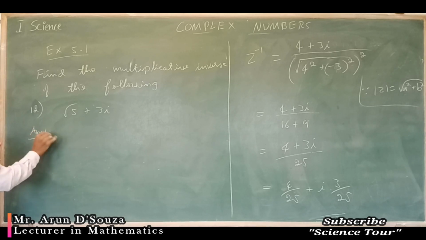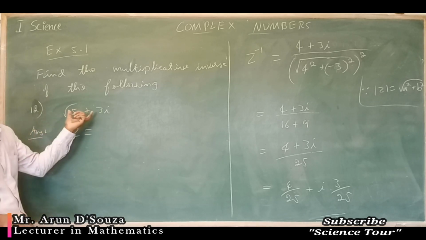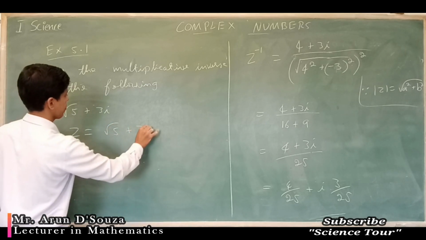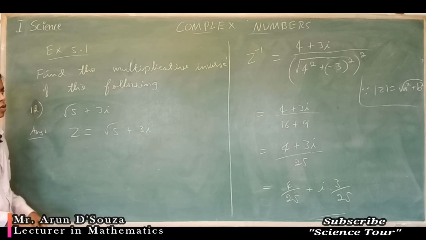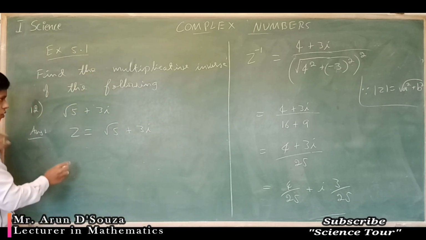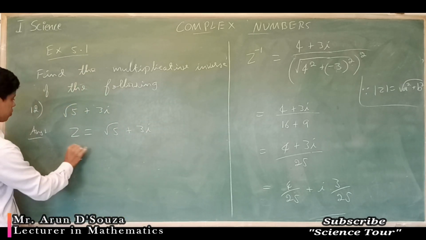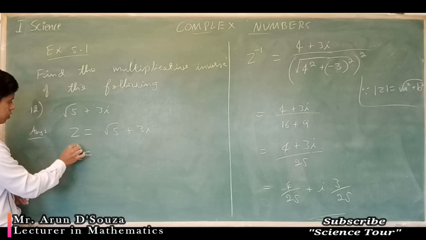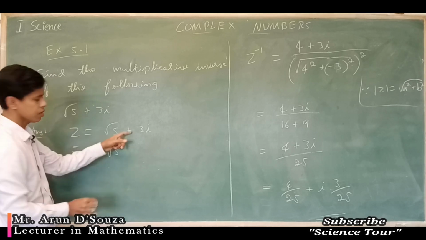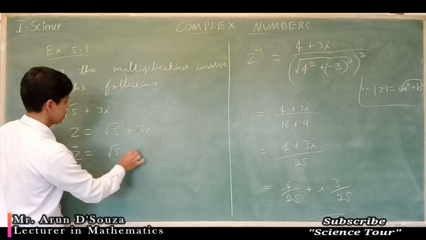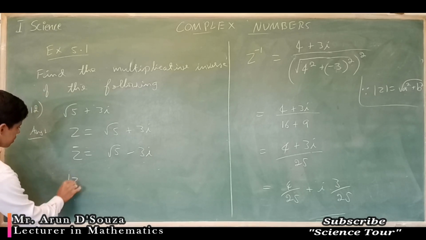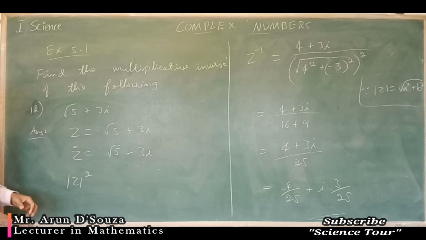So before you begin the answer, write the given complex number as Z. If you find that method difficult, we'll follow this. We'll find Z bar first. So what is Z bar? Root 5 same, imaginary part changes the sign, so minus 3i.